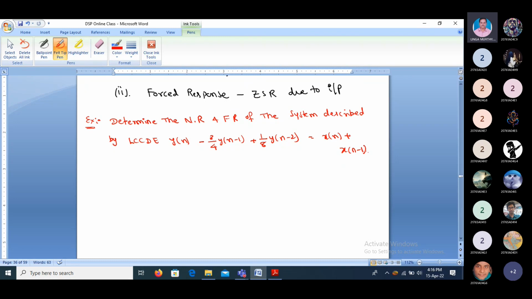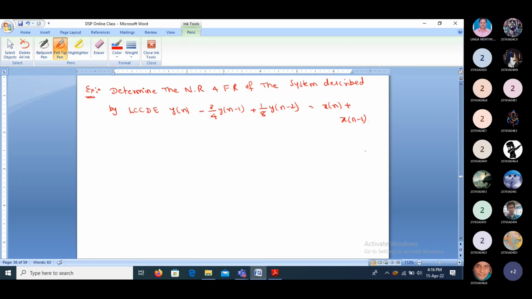The system initial conditions are y of minus 1 is equal to 0 and y of minus 2 is equal to minus 1.